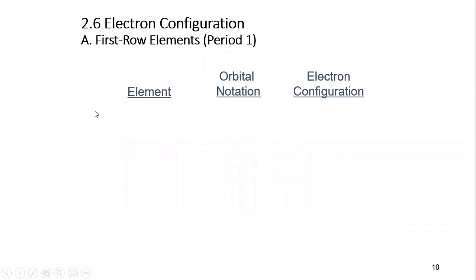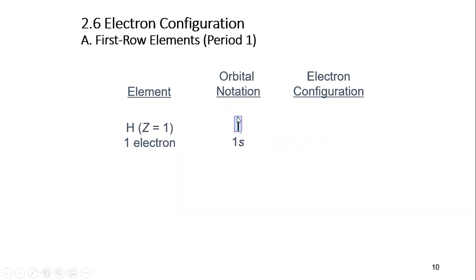So now if we look at the first row elements, and these are the elements on row 1, we're talking about hydrogen and helium. So hydrogen, if you look at its atomic number, has 1 electron. So the way we would write its orbital notation is 1s, and then we put 1 box above it, signifying that the s orbital has 1 type of orbital.